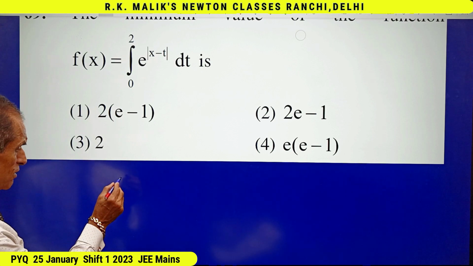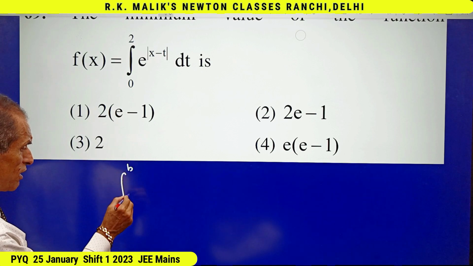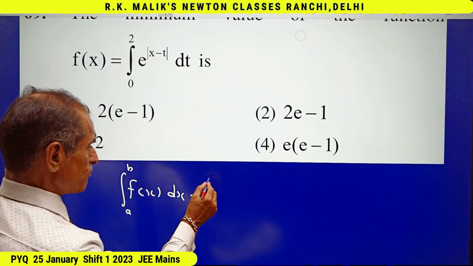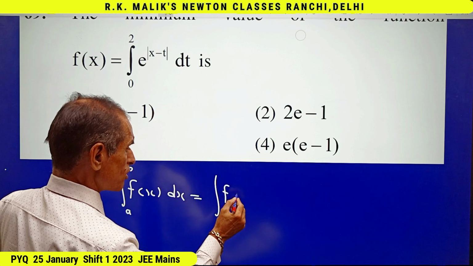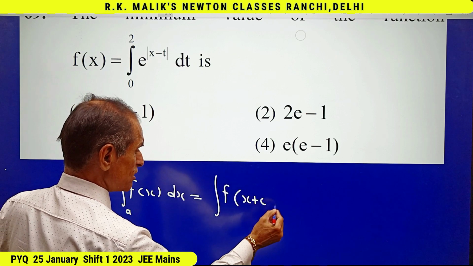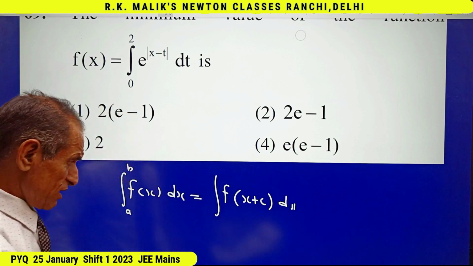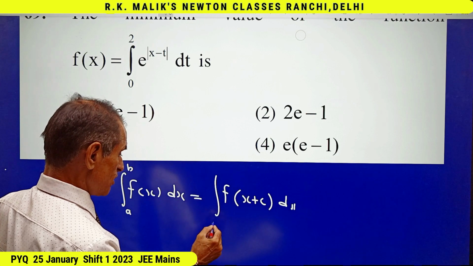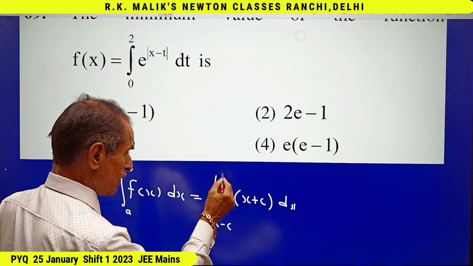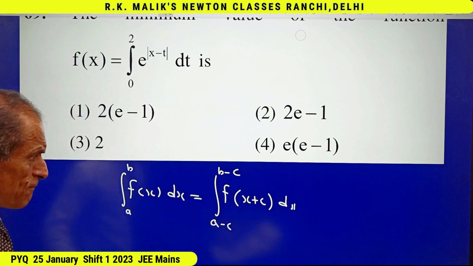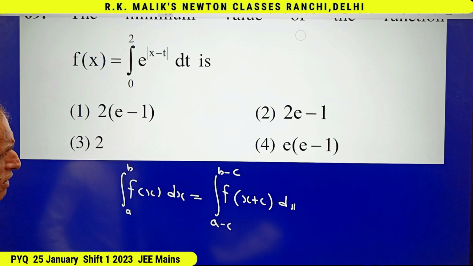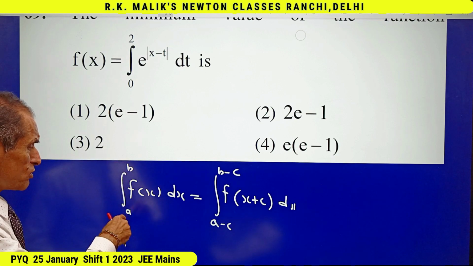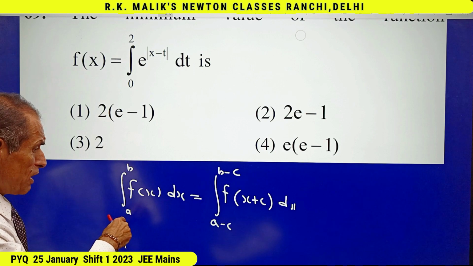The formula says that if integral from a to b of f(x) dx is written, many times I have to bring x plus c instead of x. If I have to bring x plus c instead of x, then I will have to subtract c from the lower limit and upper limit. Or you can say in this way also, sometimes we have to subtract a constant from the lower limit and upper limit.